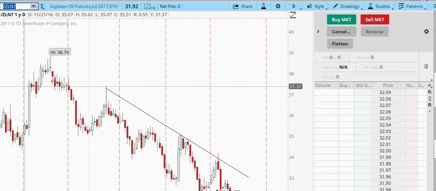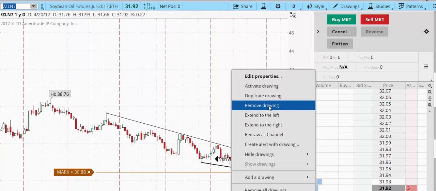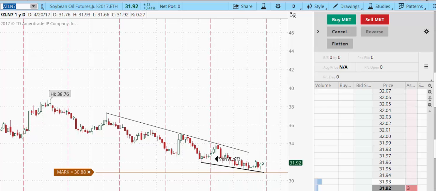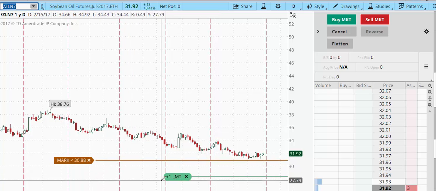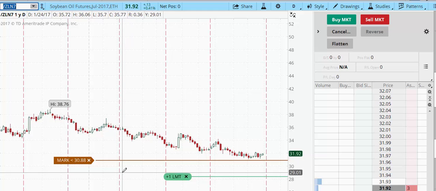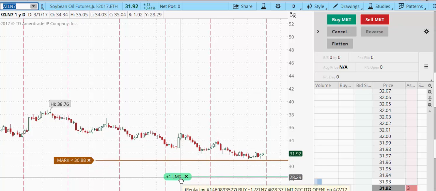Soybean oil. So, excuse me. So you can see, just ignore this limit thing here because I just put that in as kind of a way to deal with the TD Ameritrade program. I do not, even though there is a limit order down here, I really do not expect it to necessarily be filled.